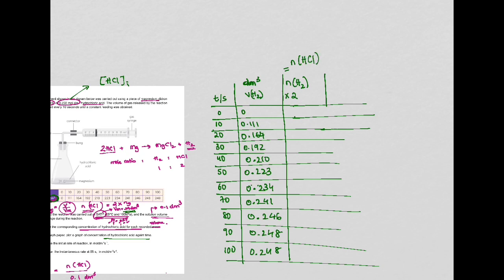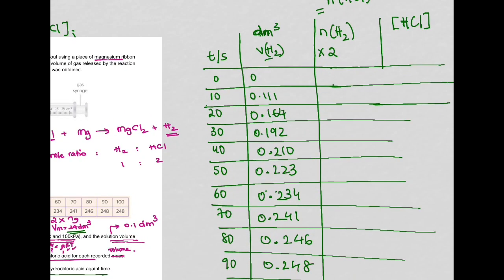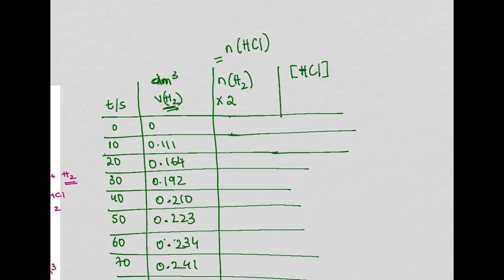Then from number of moles of HCl, I'm going to get concentration of HCl that is being used, because this is volume of hydrogen produced. For this hydrogen to be produced, HCl has been used. So whatever concentration of HCl I get here, I will get concentration of HCl used during the reaction.